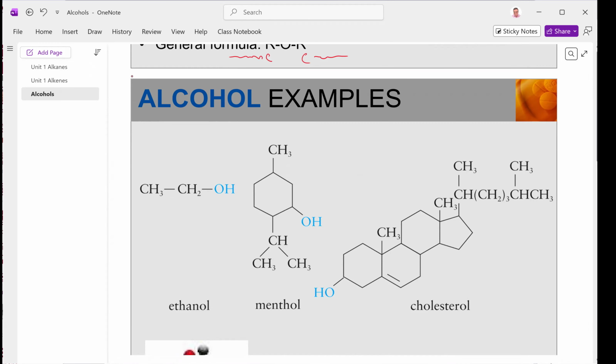And one not included on here is a carb. This happens to be glucose.